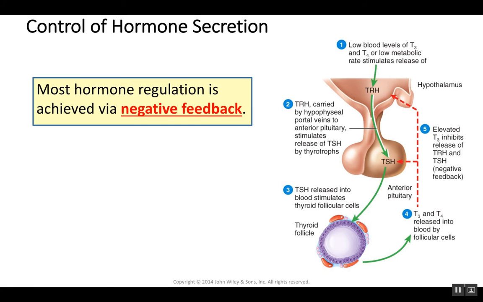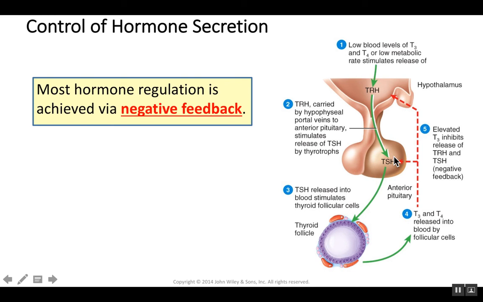But let's imagine that there's a low level of thyroid hormones. Well, that's the stimulus, low thyroid, low T3, low T4. What that does is trigger events that will ultimately produce more thyroid hormones. And that's called a negative feedback. What this involves is the hypothalamus and the anterior pituitary gland.